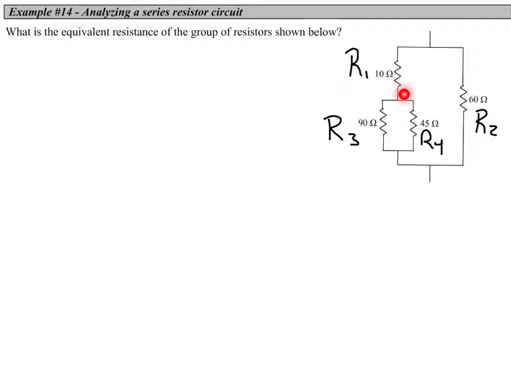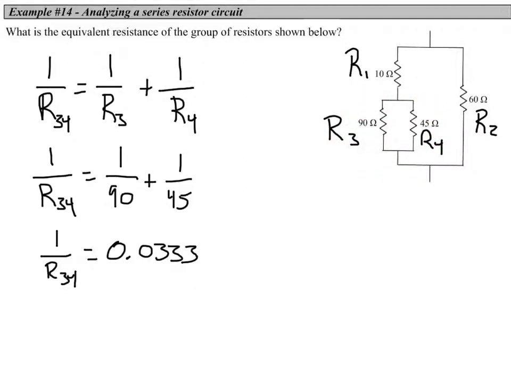We know that they're in parallel because regardless of which way the current would flow through this circuit, it's going to come to a point where it goes into a junction. Anything after that junction, any circuit elements after that junction, are in parallel with each other. So let's start by finding an equivalent resistance for just R3 and R4. So we apply the parallel resistor rule for this, and we get an equivalent resistance R34 of 30 ohms.